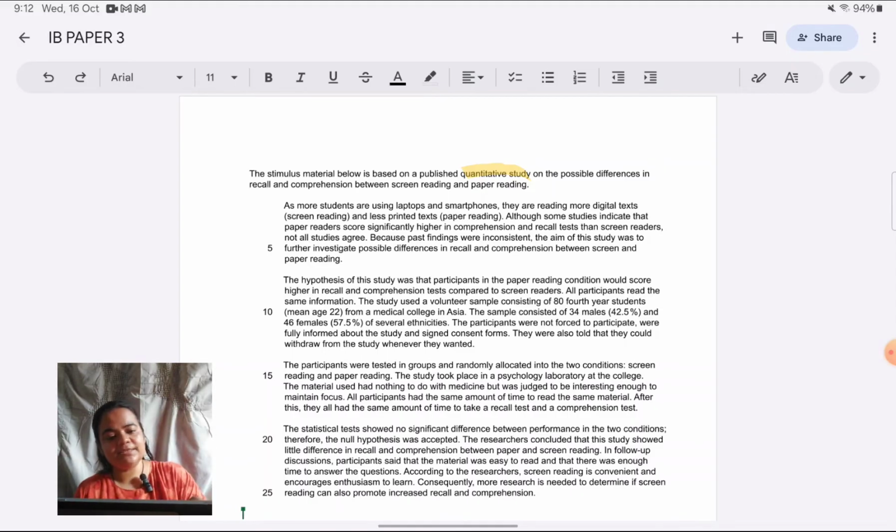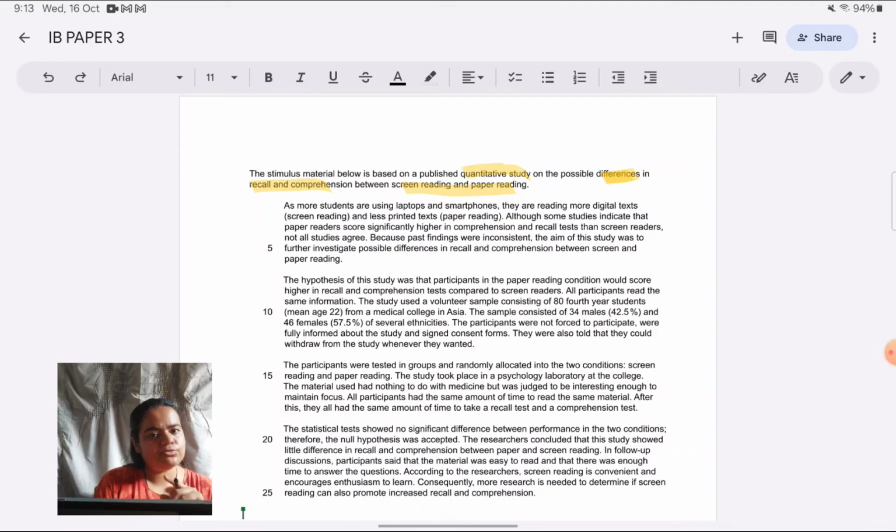Secondly, differences in recall and comprehension between screen reading and paper reading. This immediately tells me that there is a comparison between two conditions, especially the use of the word differences directly indicates that this is an experiment. We know when the research method is experiment, there is going to be a comparison between conditions.